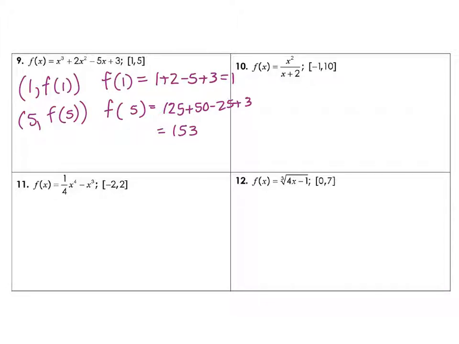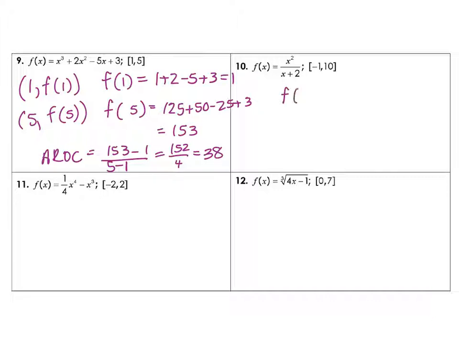And so again, for our average rate of change, we're going to have 153 minus 1 over 5 minus 1. And so that's going to give me 152 over 4, which is going to be 38. And number 10, let's see.